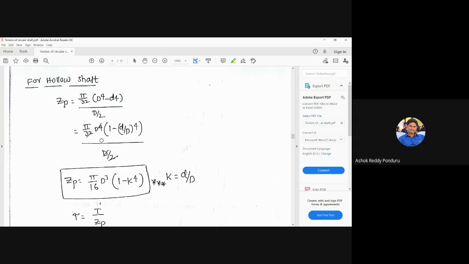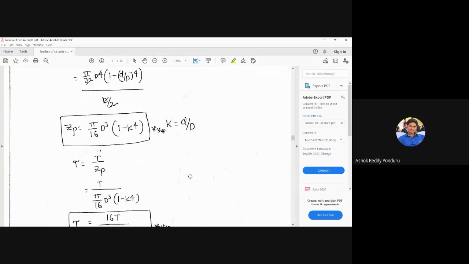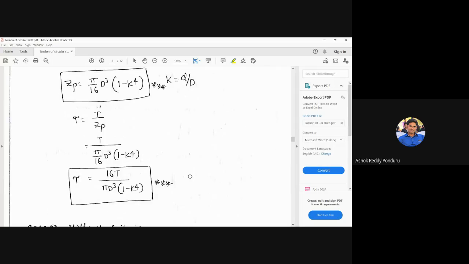Then pi by 32 D power 4 is common, so 1 minus small d divided by capital D whole power 4, divided by D by 2. The 2 and 32 get cancelled, and D gets cancelled: pi by 16 D cube into 1 minus small d divided by capital D to the power 4. For convenience, I am considering small d divided by capital D as k. Then k is equal to small d divided by capital D.